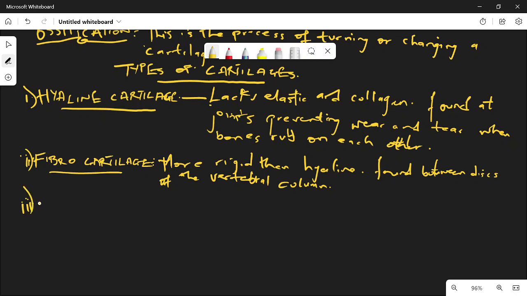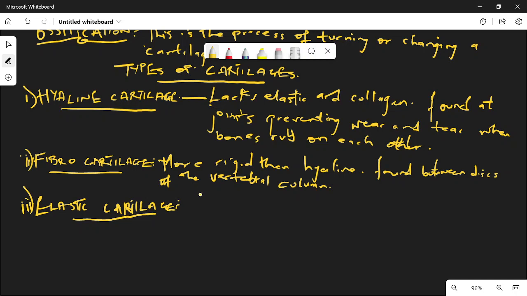And then the third one is called the elastic cartilage.